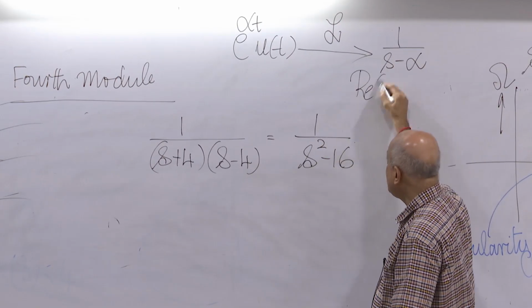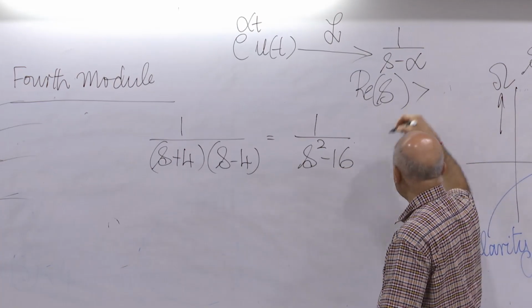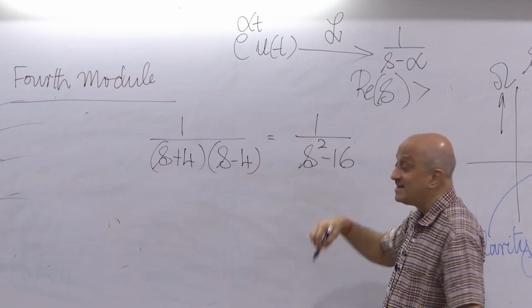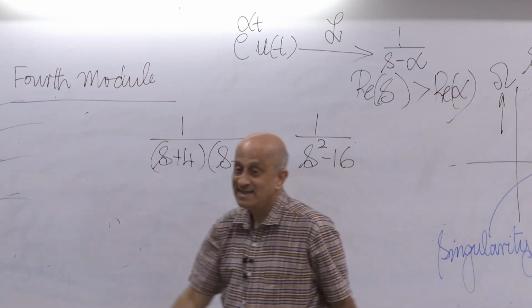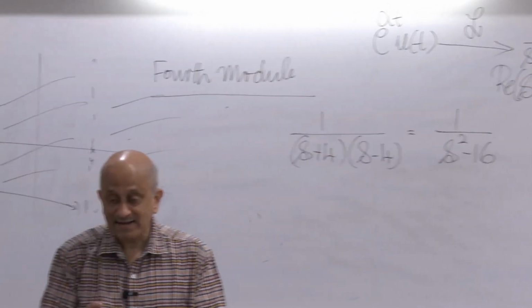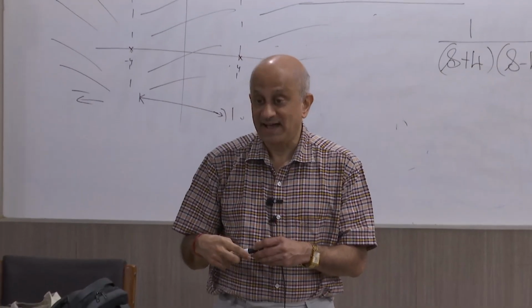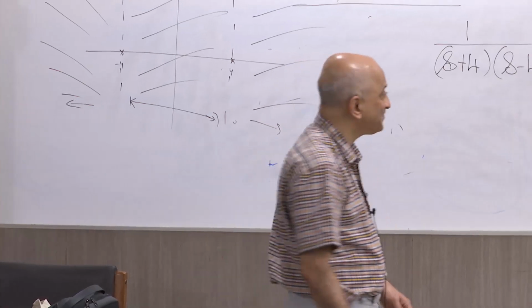Real part of s greater than, now, should I say alpha or should I say real part of alpha? The imaginary part of alpha plays no role. So, real part of s greater than real part of alpha, because alpha could be complex as well. Is that right?